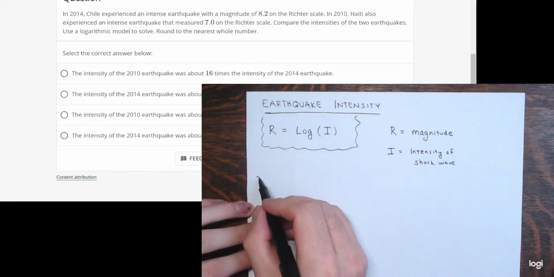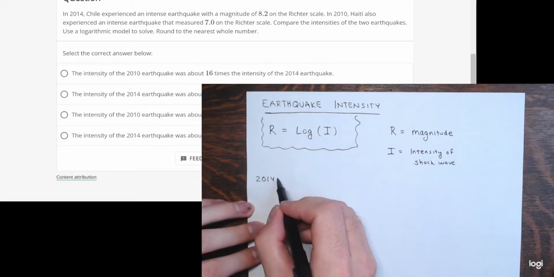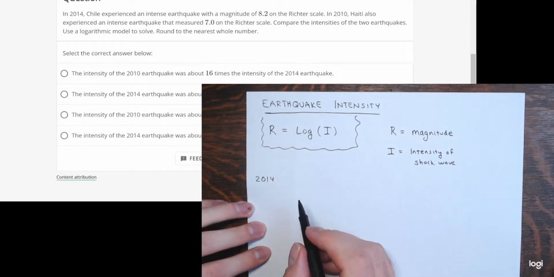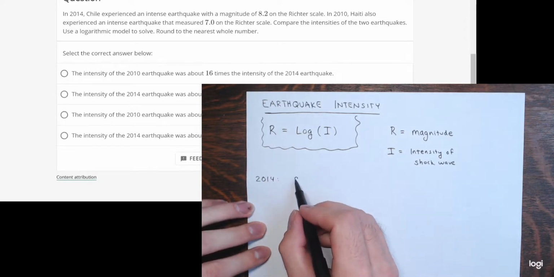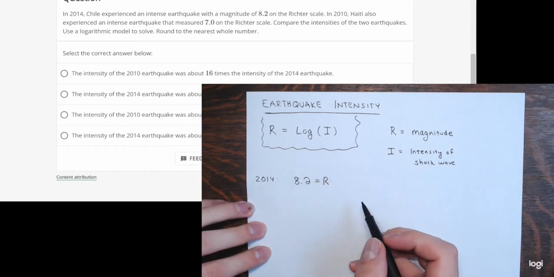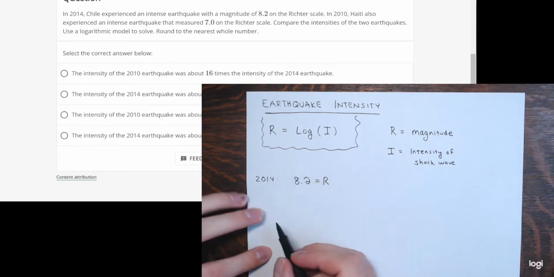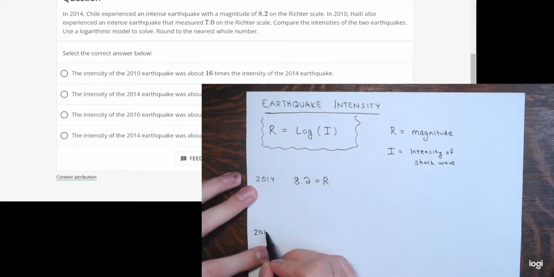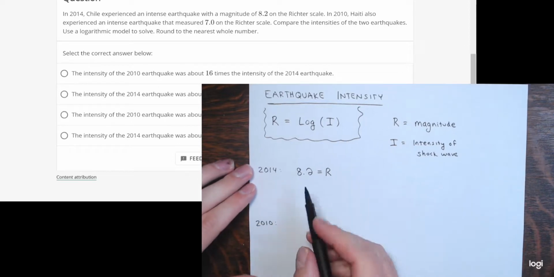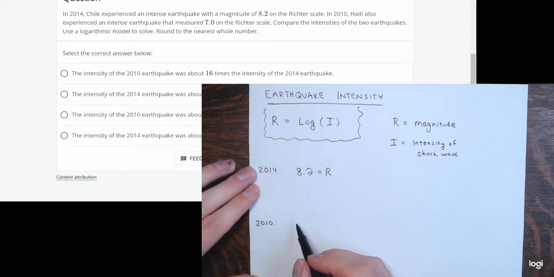So here's the 2014 quake in Chile. It was 8.2 on the Richter scale, so 8.2 is equal to r, the magnitude. And the 2010 earthquake in Haiti had a Richter scale magnitude of 7.0.